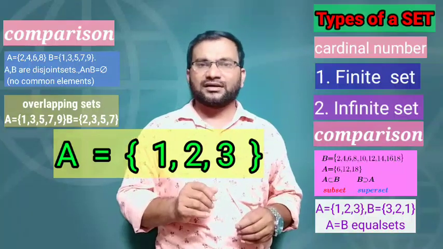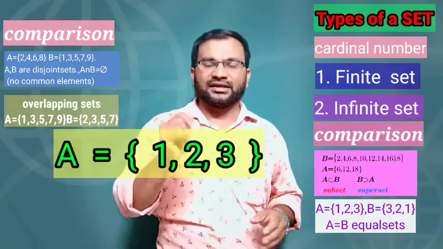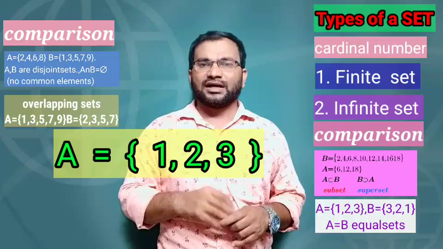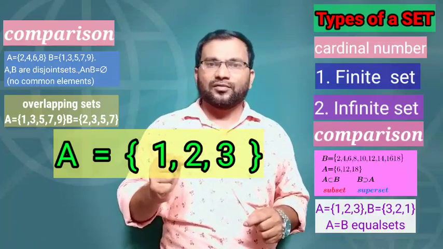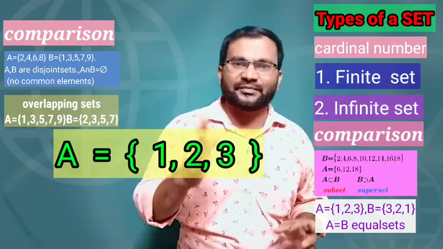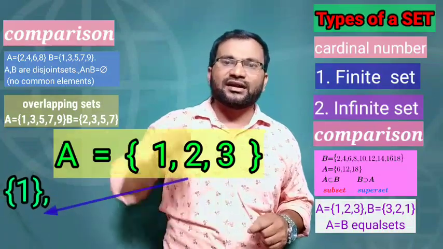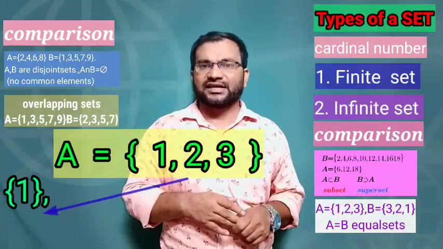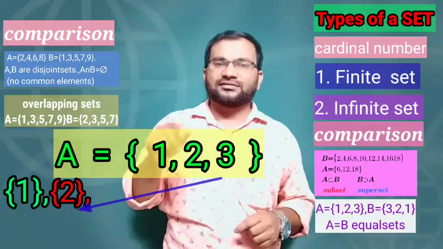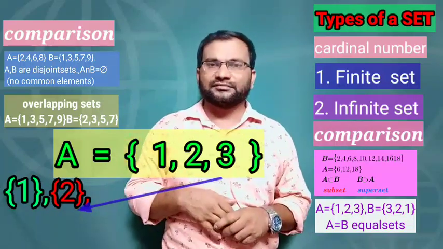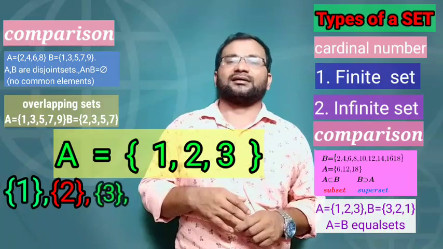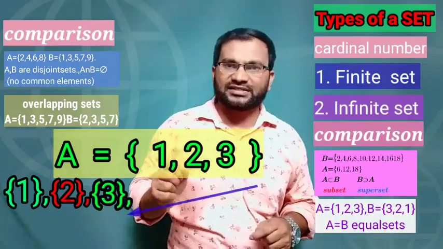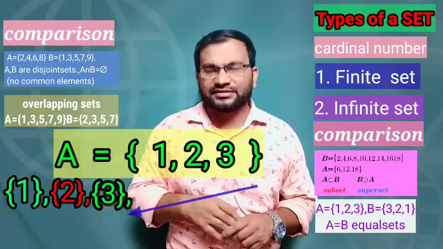Suppose among members 1, 2, 3, I want to know who has more interest in maths. Then 1 raises his hand, so that is set of 1. For science, 2 raises his hand, so that is another set of 2. For social, roll number 3 has raised his hand. So set of 3.